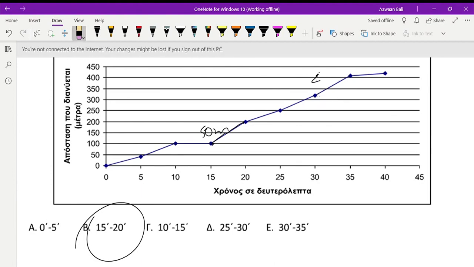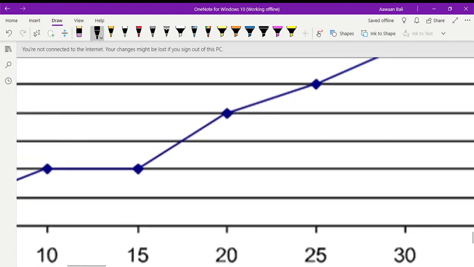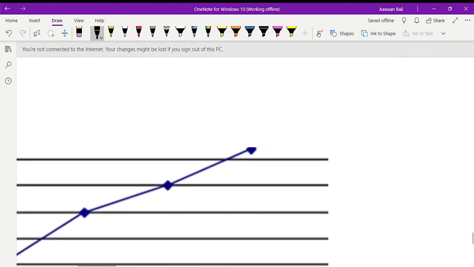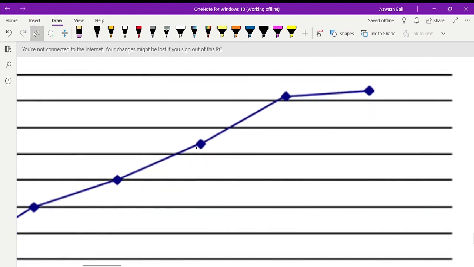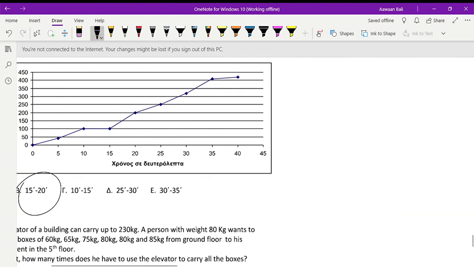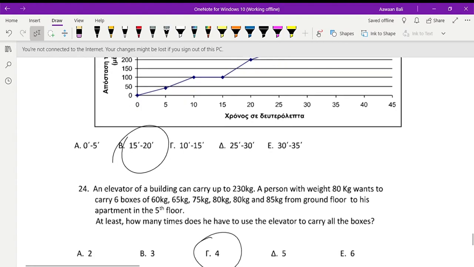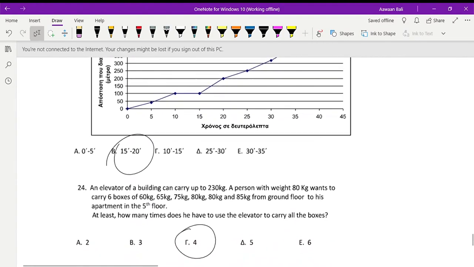So yeah, because we know it's not exactly the same as this. If you look closer at this one, we see that it's almost touching the line here, but it's not big enough. So therefore, the answer is 15 seconds to 20 seconds.